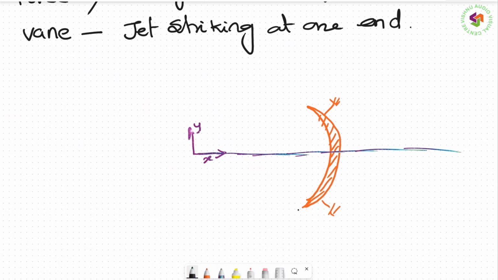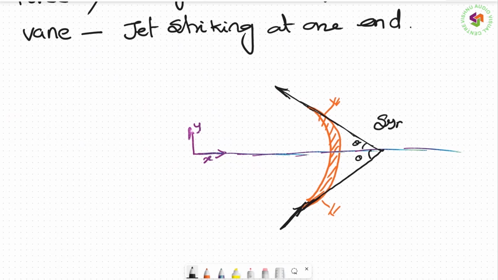So now what is happening? The jet is striking here, and the jet is leaving here tangentially. If I extend it, it is a tangent. Similarly, if I extend this, it is a tangent. As it is symmetrical, this angle is always theta. Both angles should be the same.